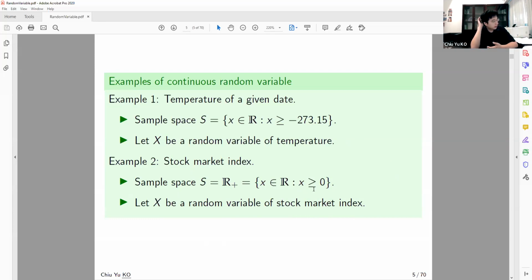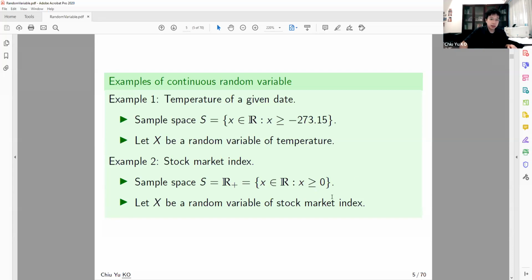The random variable in this case, the stock market index, is simplifying the sample space, because what's happening is the whole stock market with many stocks, and the stock market index is basically simplifying the overall stock market movement. Okay, I hope that's fine.